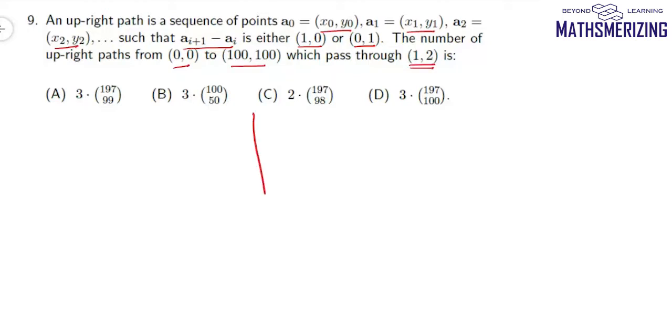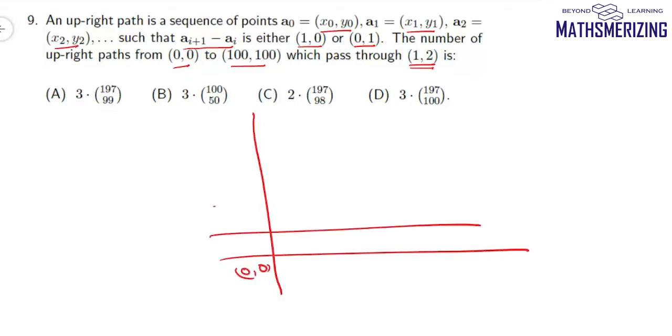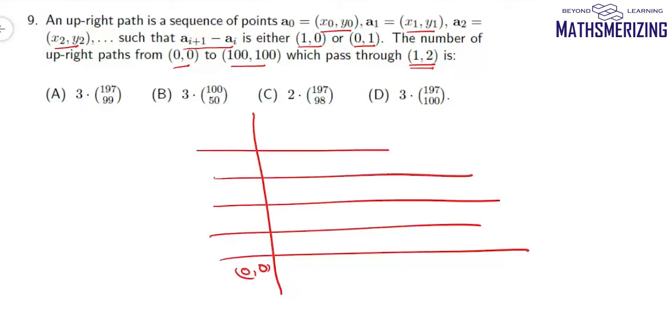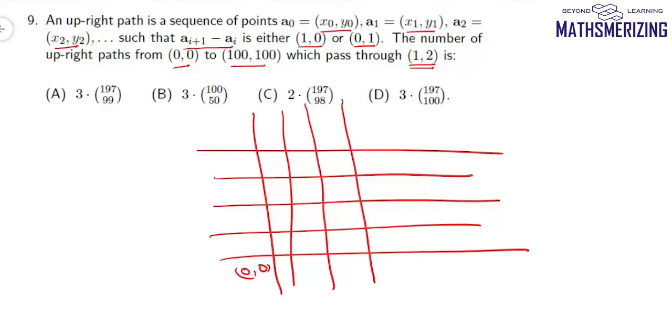So we have this grid starting from (0, 0), and then we have these horizontal and vertical lines, and we need to reach (100, 100) such that the path passes through (1, 2), and we need to get an upright path.